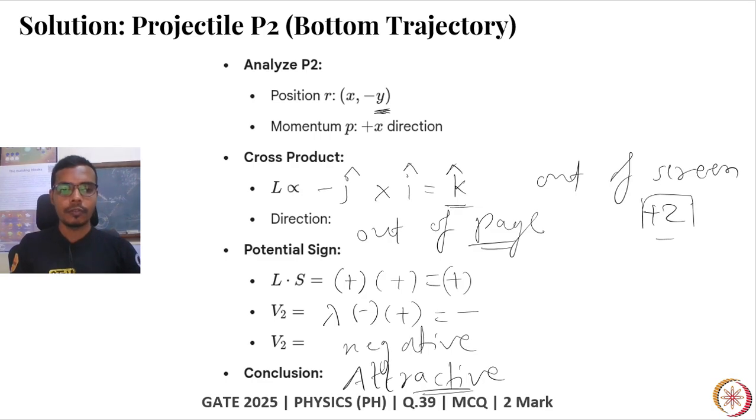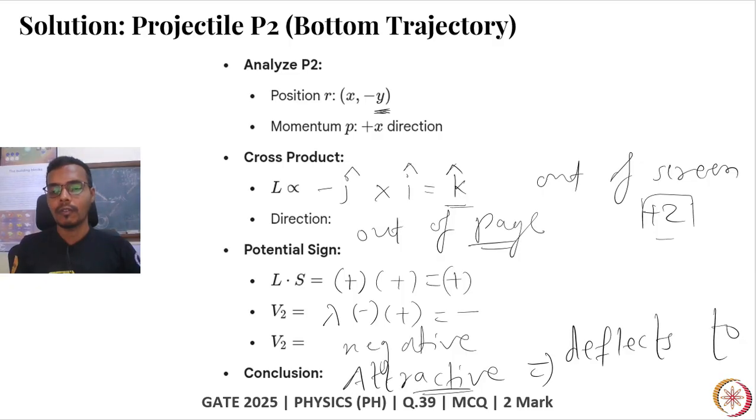Since P2 is below the axis, an attractive force pulls it towards the center, so it deflects to positive y. Crucial. So P2 also deflects into the positive y direction.